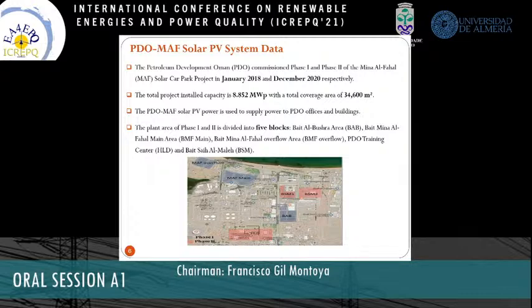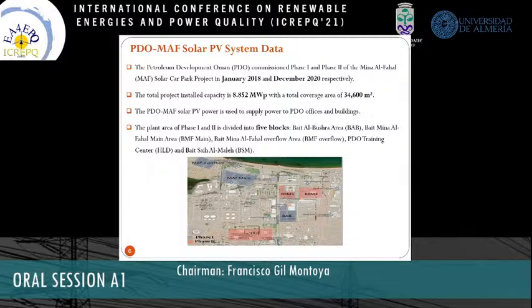The total project's installed capacity is about 8.8 megawatt peak with a total coverage area of 34,600 square meters. The solar MAF power is used to supply power to PDO offices and buildings. The plant area of Phase 1 and Phase 2 is divided into 5 blocks. Phase 1 is highlighted in blue and Phase 2 is highlighted in red.